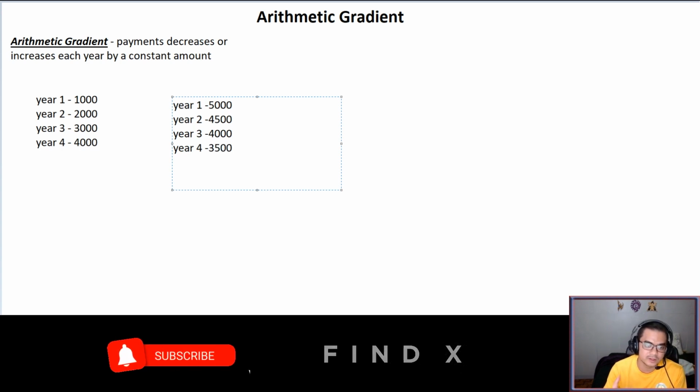As you can see, now the payment decreases, so it can either increase or decrease. So that is arithmetic gradient. And with that definition, I think we can go for our first example.